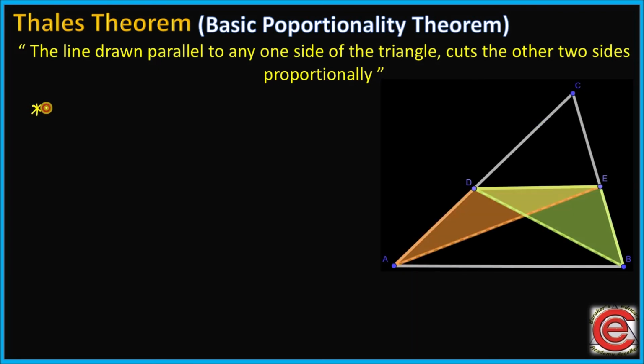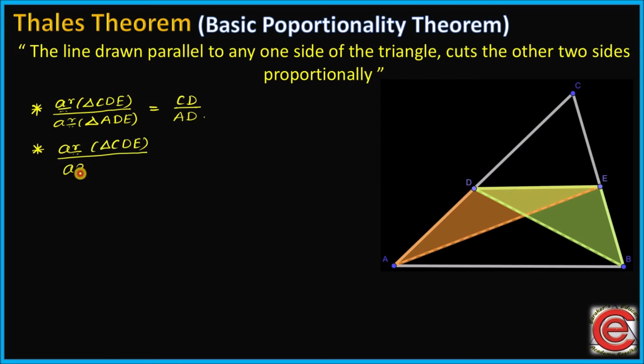From equation 3 we came to know that area of triangle CDE to area of triangle ADE is equal to CD divided by AD. And from equation 6 we came to know that area of triangle CDE to area of triangle BDE is equal to CE divided by BE.